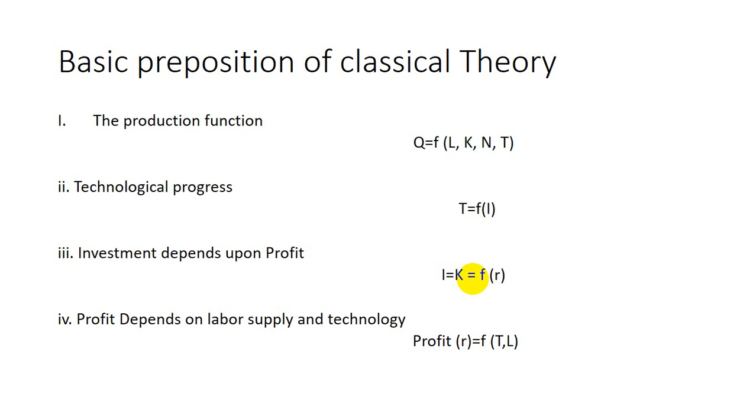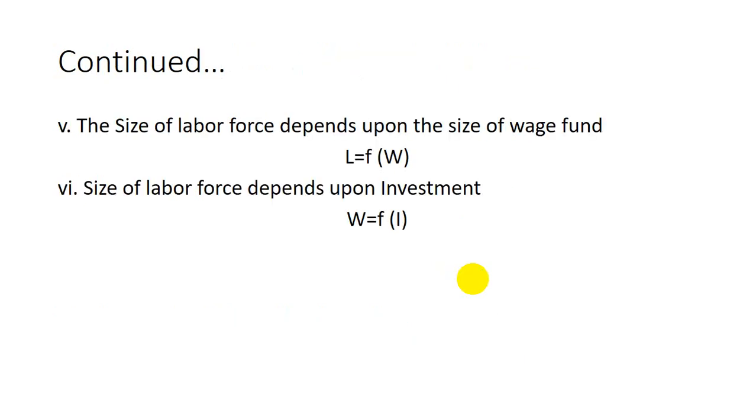The next proposition is that the size of labor force depends upon the size of wage fund. This point explains the iron law of wages. So under this proposition we have the idea of the iron law of wages.